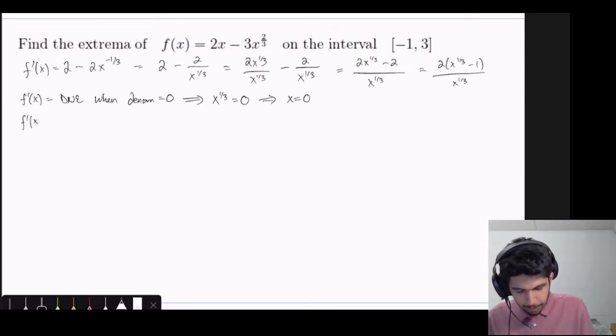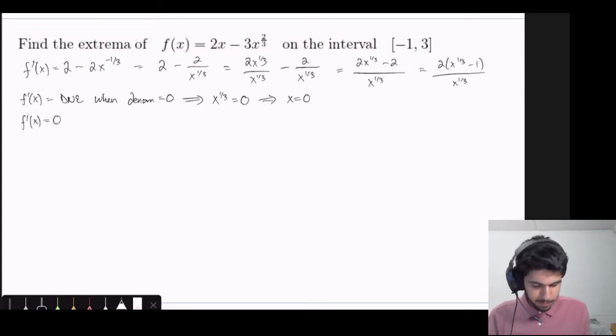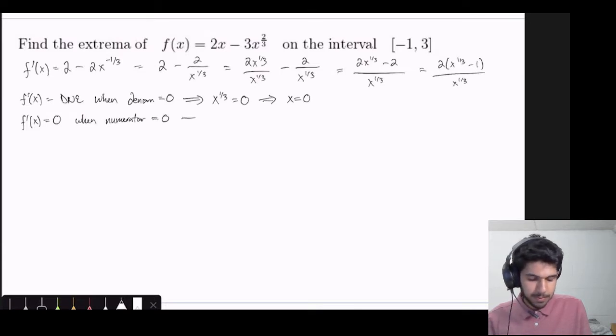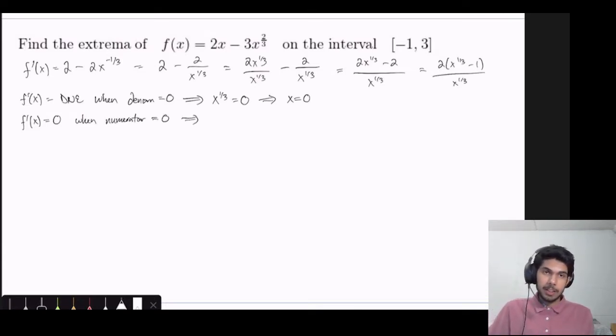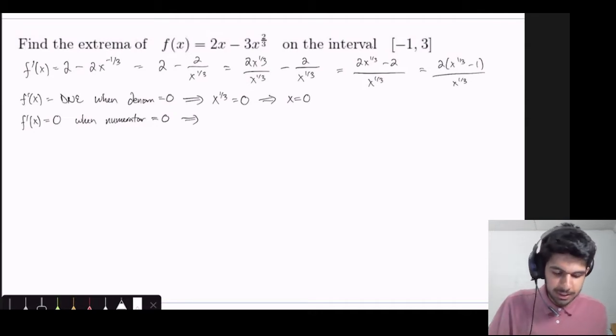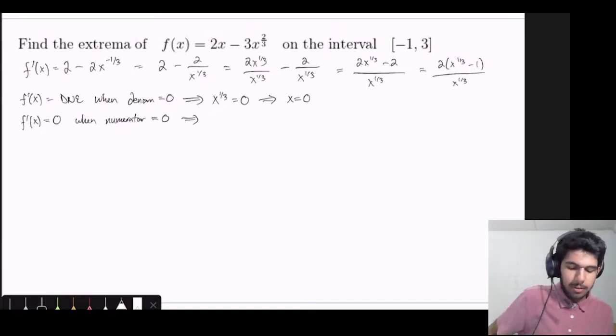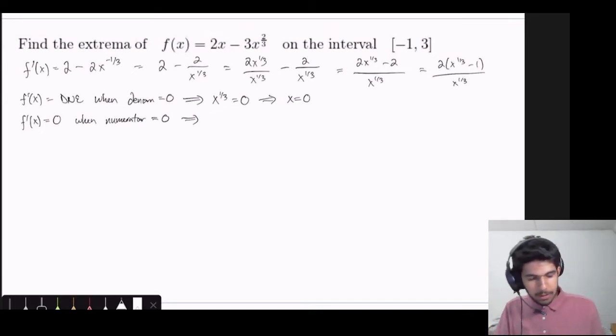What about when f prime of x equals 0? This occurs when the numerator equals 0. 0 divided by anything, except for 0, is 0. And we don't need to worry about 0 divided by 0 because we already took care of that with the denominator. But, okay, let's see.